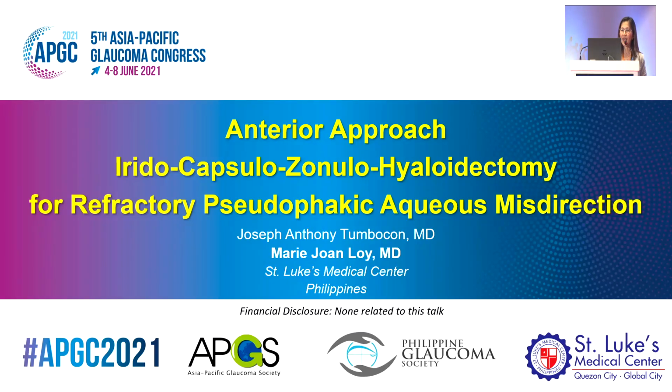This is a case managed with irido-zonulo-hyaloido-capsulectomy and vitrectomy through an anterior approach. It's an option especially for anterior segment surgeons, because they say direct visualization of your instruments is better compared to the blind approach via the pars plana.